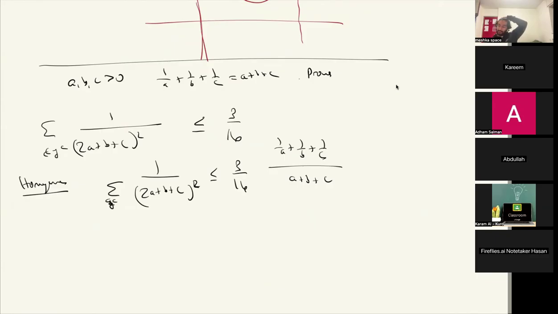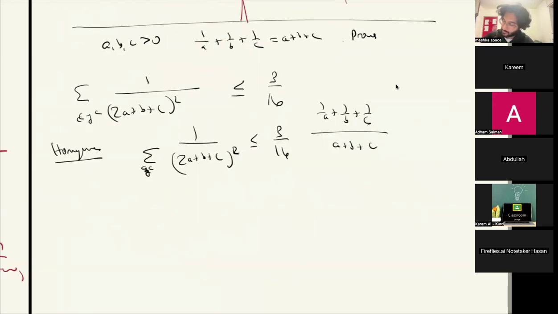So now, okay, yeah, I think you can try Holder. There probably is a Holder solution, but I don't know what it would be. I have to think of it.